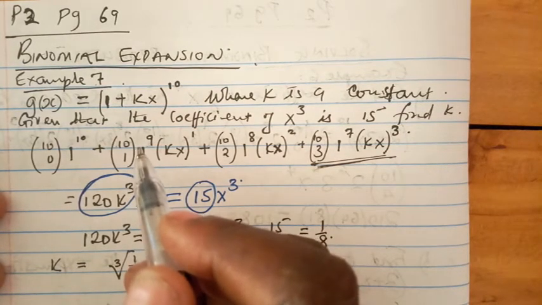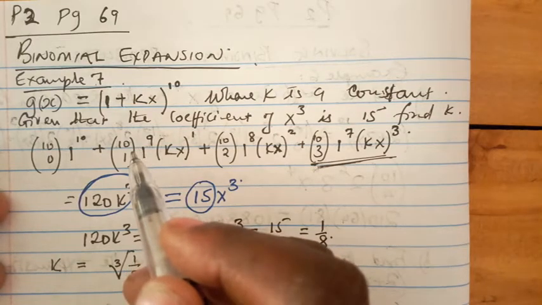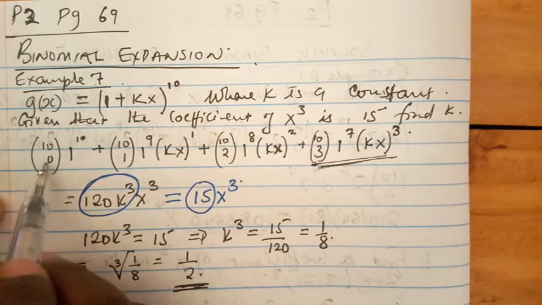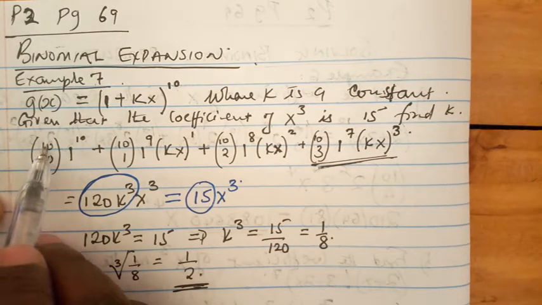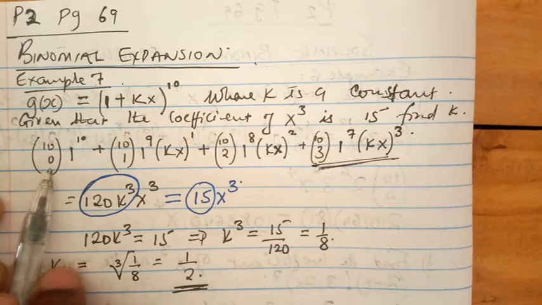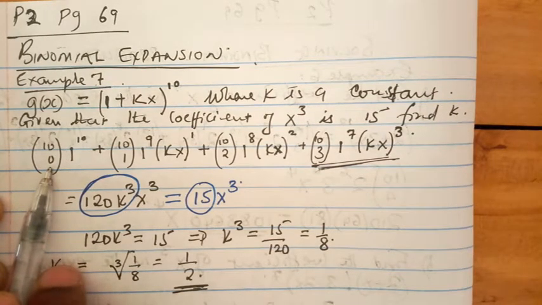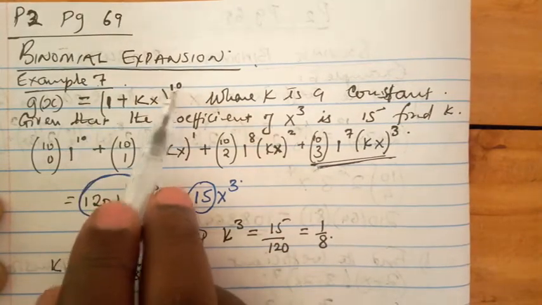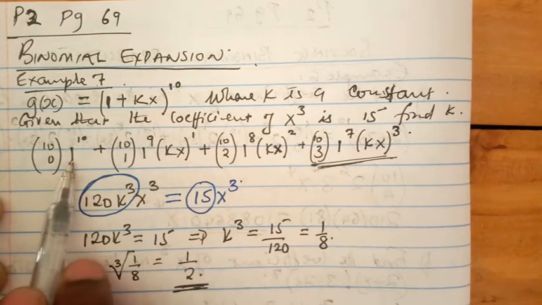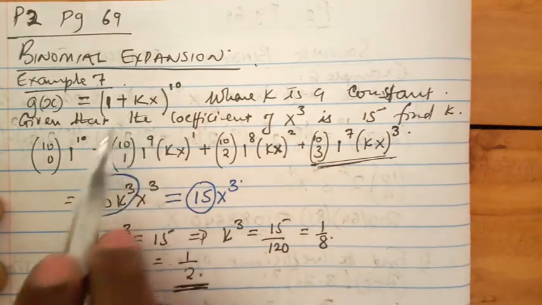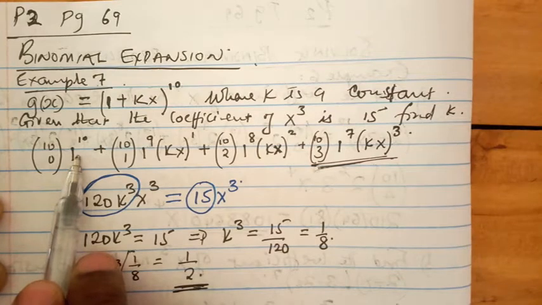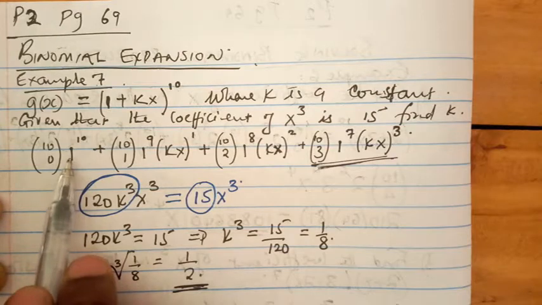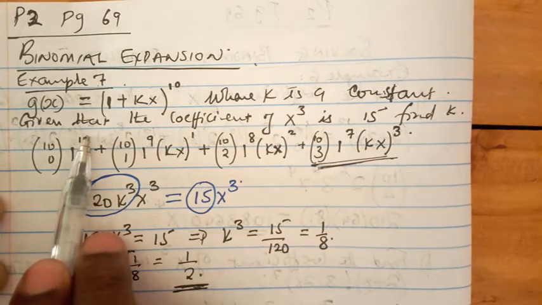And now we are using the binomial expansion method, whereby we have nCr, and our n is 10. 10C0, that is the very first coefficient, is of course equal to 1, and then the first term, which is 1 raised to the highest power, which is 10, and the second term, which is kx, raised to the lowest power, which is 0. Of course, anything raised to power 0 is 1, and there is no point of bringing it on board, though we have brought 1 raised to power 10, which is still 1.